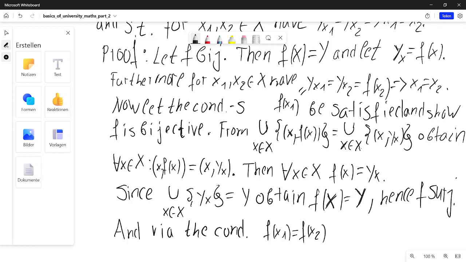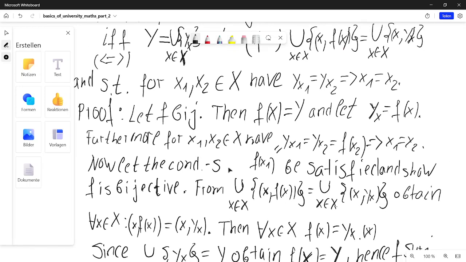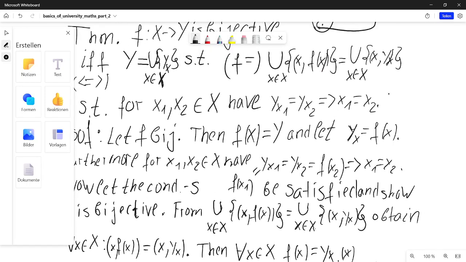Since we have that, let's call it star. That is also by star, and that by this, right?